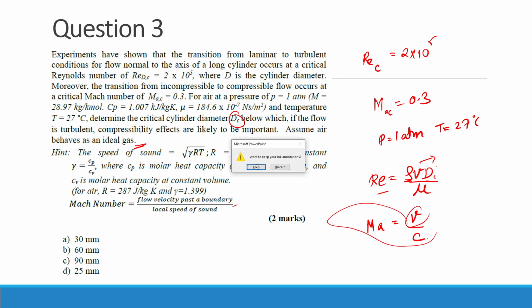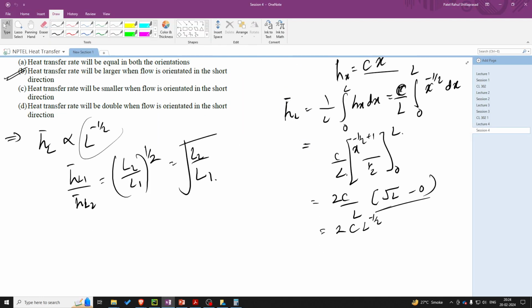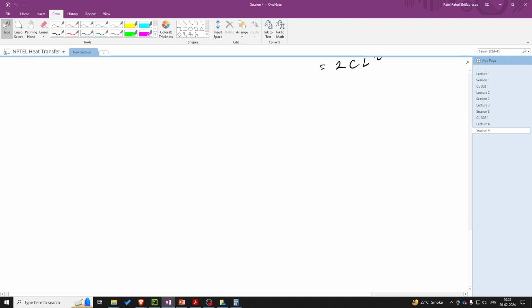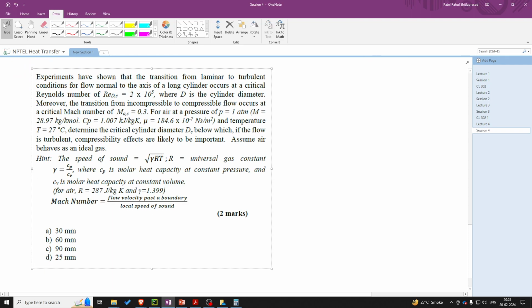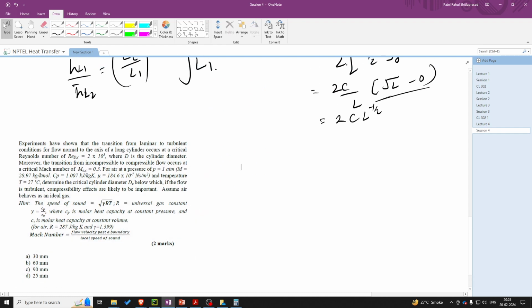So yes, let's try to solve this question. The first thing we had been given: in this question we had to find the critical diameter of the cylinder, that is DC, and we discussed that we were given the critical Reynolds number, that is rho v dc upon mu.